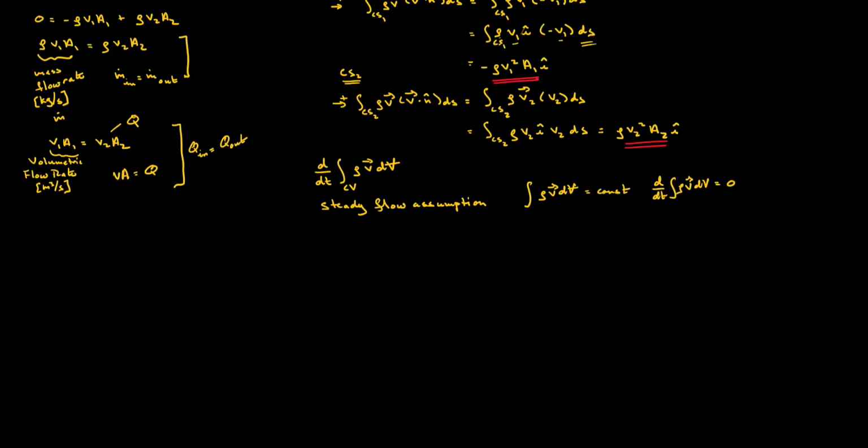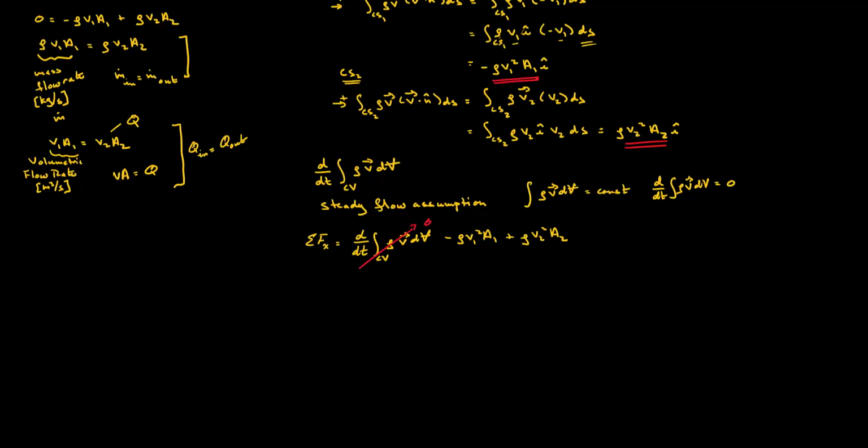So let's go back and look at our conservation of momentum. The sum of the forces in x is equal to d by dt over the CV of rho v dv minus rho v1 squared a1 plus rho v2 squared a2. And we've just established that the first term is going to be equal to 0.